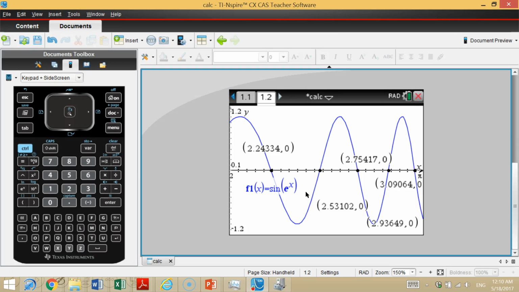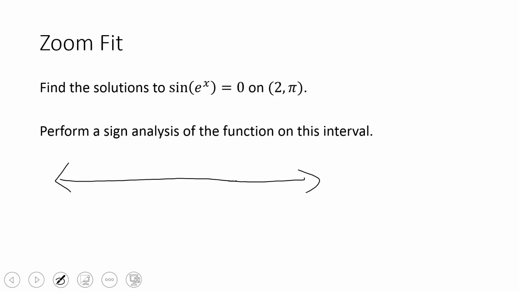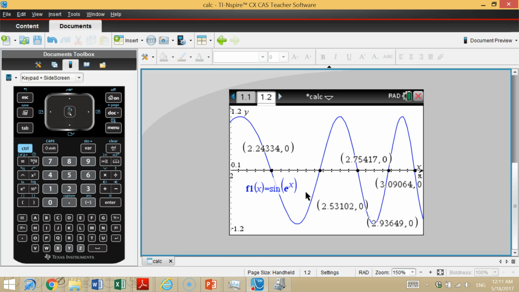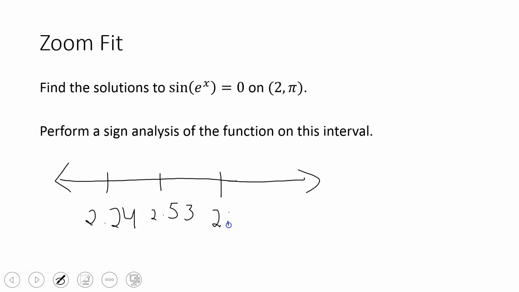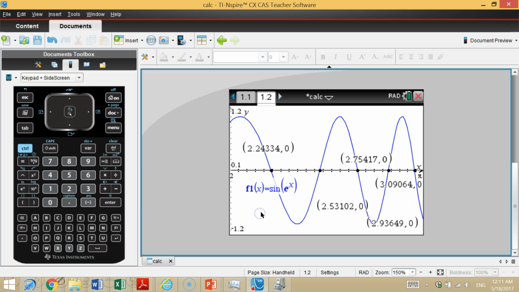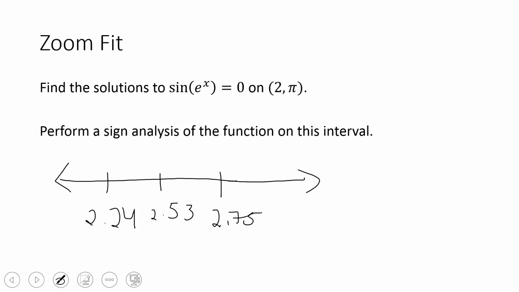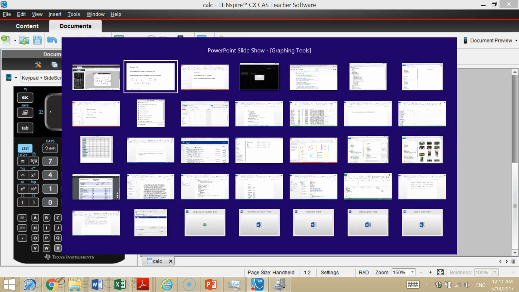We got 2.24, 2.53, 2.75, 2.93, and our last one is 3.09.